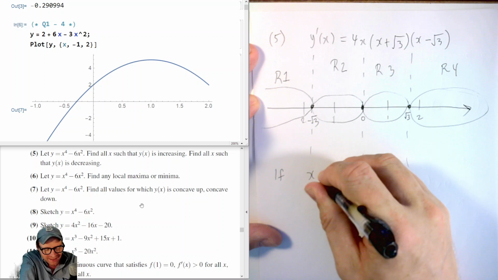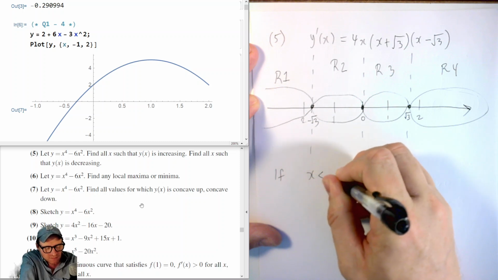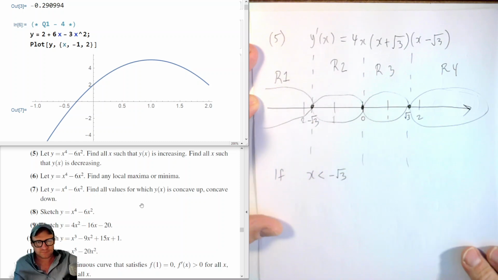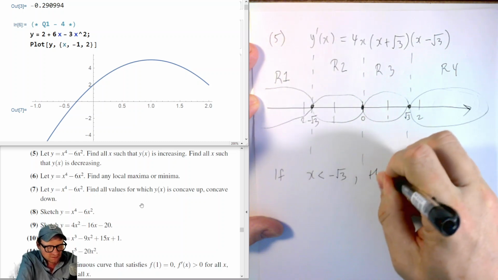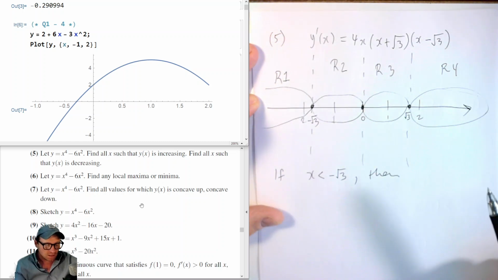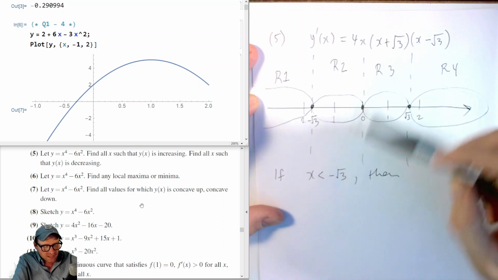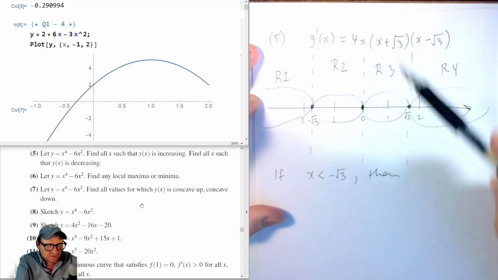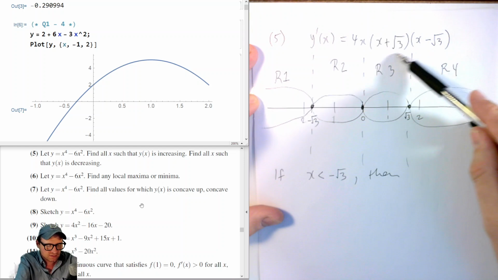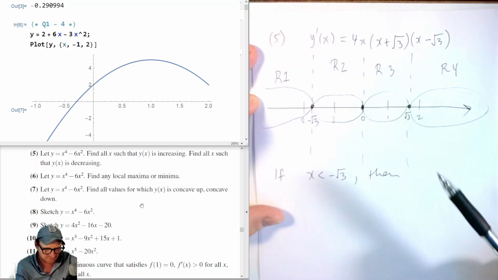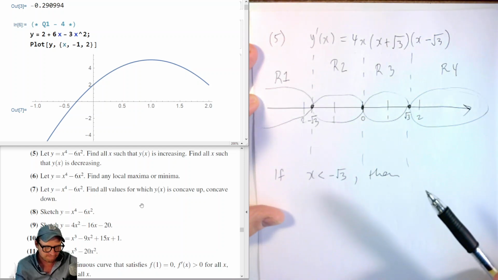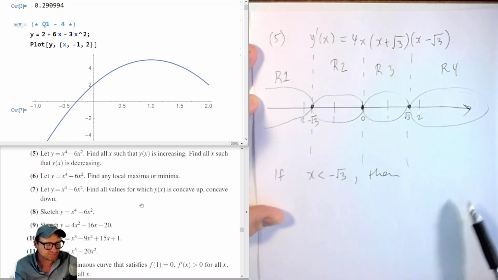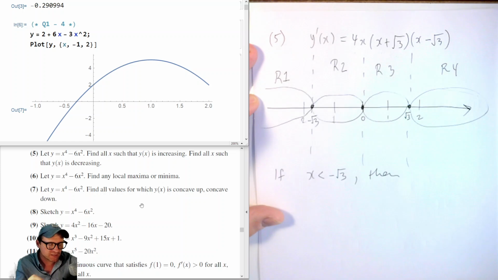If x is less than minus root 3, then x will be negative, so this will be negative. What about this? This will be positive. Is it? No, this will be negative. And this will be negative.